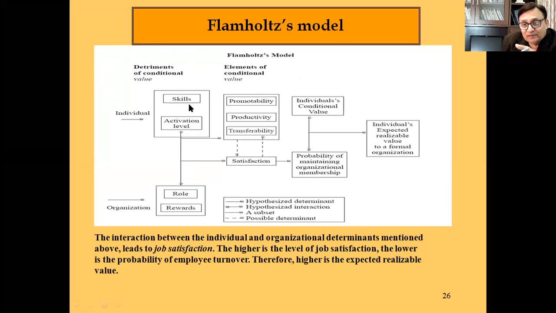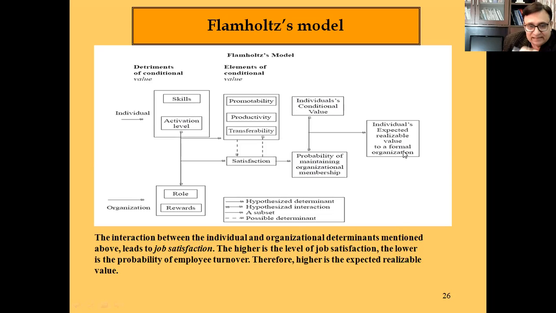The more skillful the person is and the more active he is, the more he is going to stay with you. Because of skills and activation level, he may be promoted. There may be a promotability factor, a productivity factor, a transferability factor. If skill and activation provide satisfaction to the employee, then the individual conditional value will lead to the probability of maintaining organizational membership. He will remain with the organization, and it will realize the individual expected realizable value.